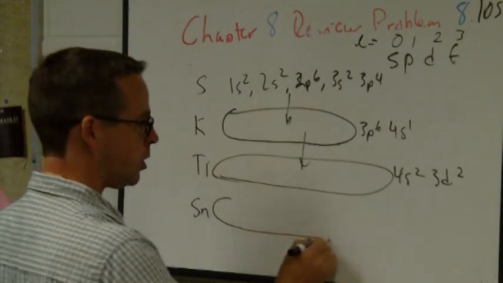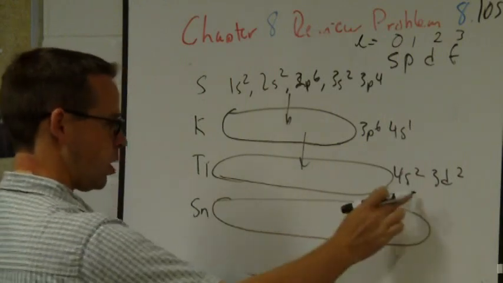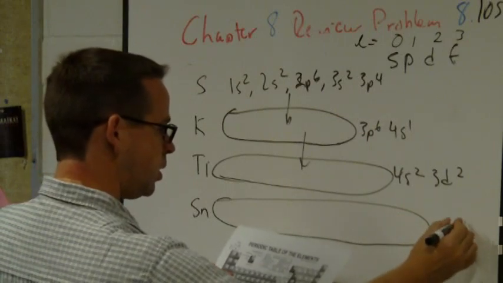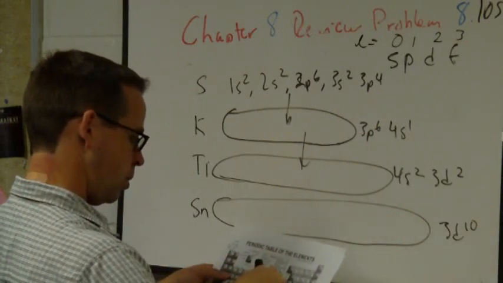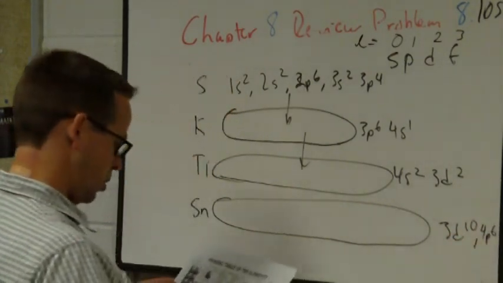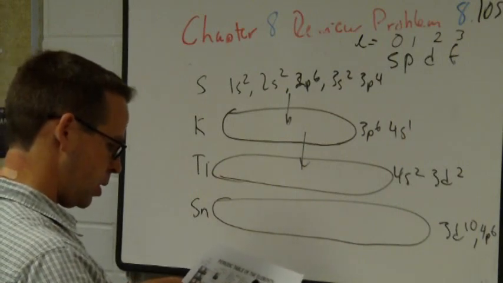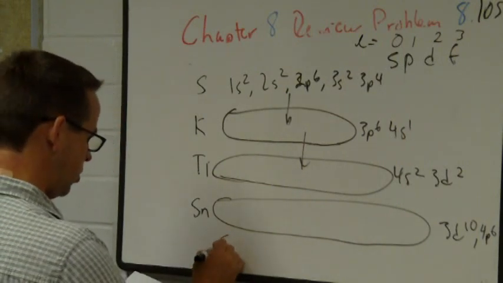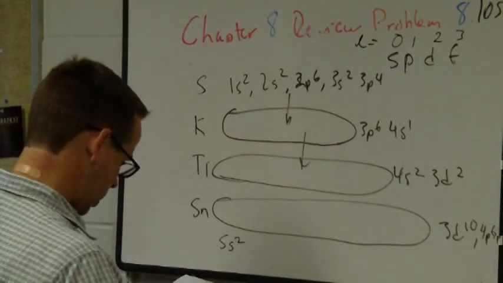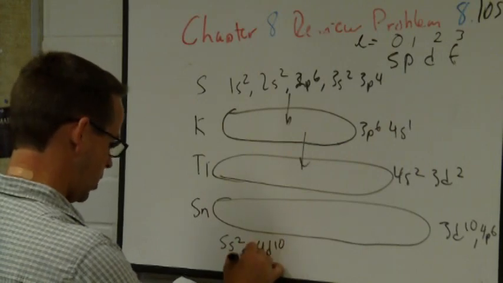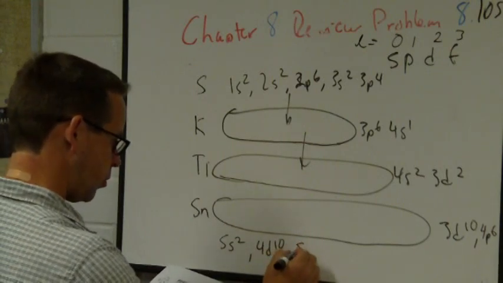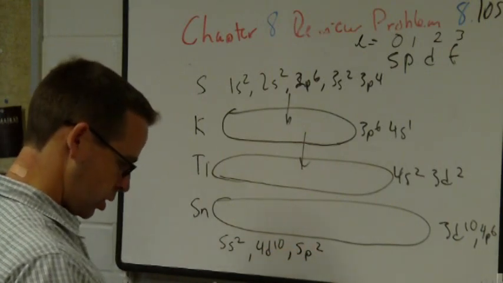And for tin, we have all of this, starting from 4s2, we go 3d10, 4p6, that is gallium to krypton, and then 5s2, and then going to tin we have 4d10, yttrium to cadmium, and then we have 5p2, which is indium to tin.